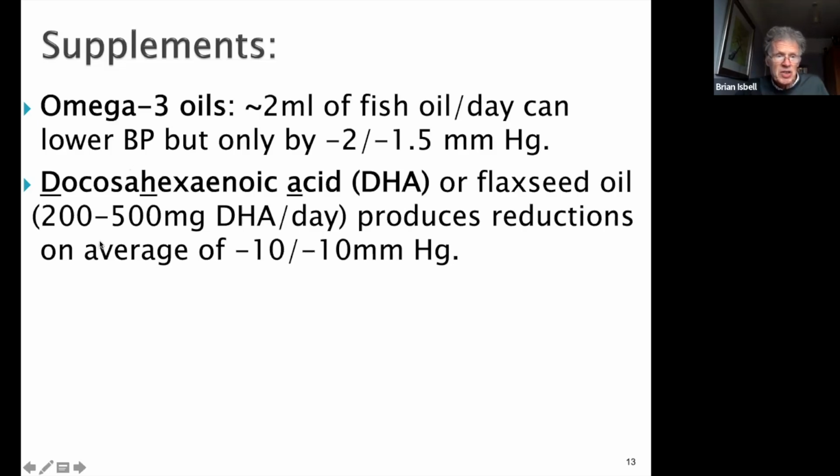If you have between 200 and 500 milligrams of DHA per day, it produces an average, and as you can probably guess, that is much more significant, a systolic reduction of 10, diastolic of minus 10. So those are obviously a benefit. So DHA, which is available in health shops, or by increasing your flaxseed, hemp oil, or fish oil, can give quite significant changes. So for some supplements, there is a clear track record.